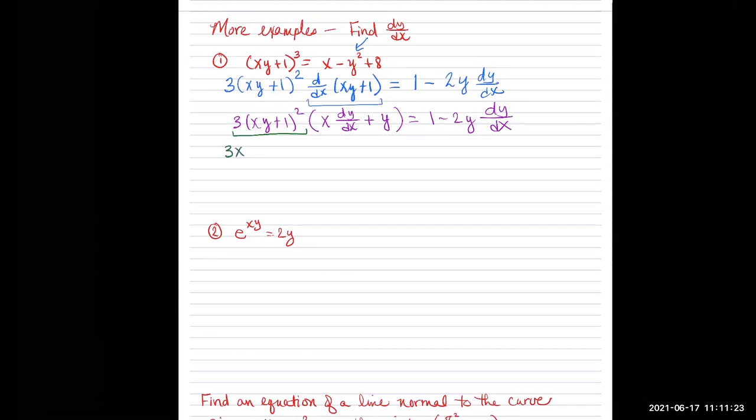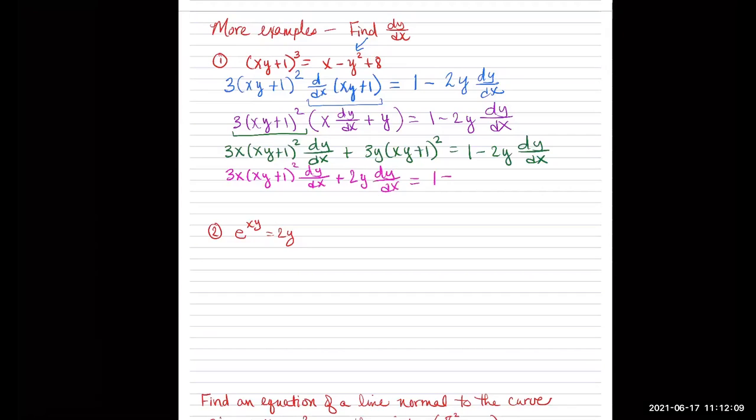So I will have 3x (xy plus 1) squared dy/dx plus 3y, and every time we're going to have to put the dy/dx terms on one side, so I'm going to put them on the left. And then what's the next step?